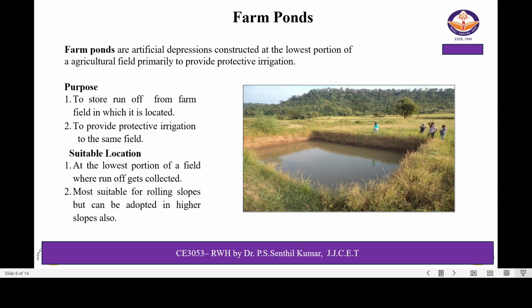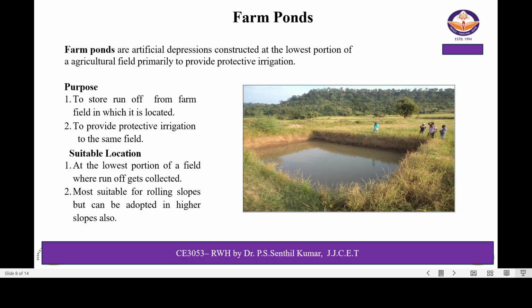Next, we will see farm ponds. What are farm ponds? Farm ponds are artificial depressions constructed at the lowest portion of an agricultural field, primarily to provide protective irrigation. Purpose. First one is to stop runoff from the farm field in which it is located.